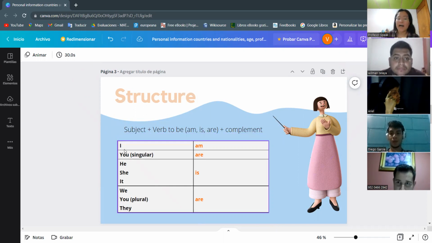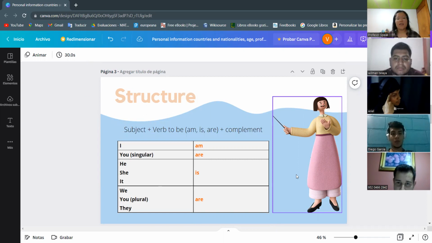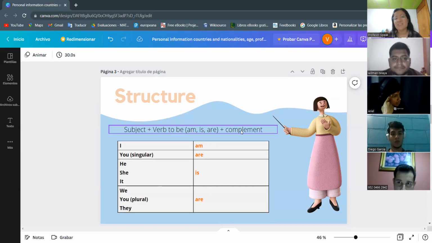He said, I am, and then the complement, from Mexico. And let's see, for example, this one, you as a plural, a group, are, the verb to be, studying programming.